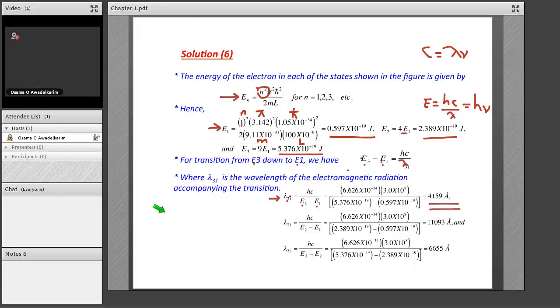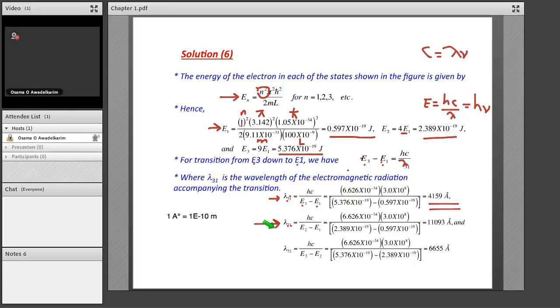So that's the wavelength of the emitted photon. Apparently, this is in the red light, somewhere, or maybe orange.